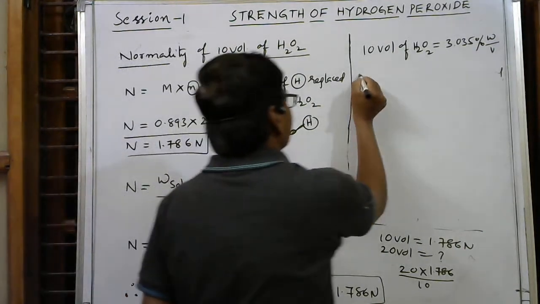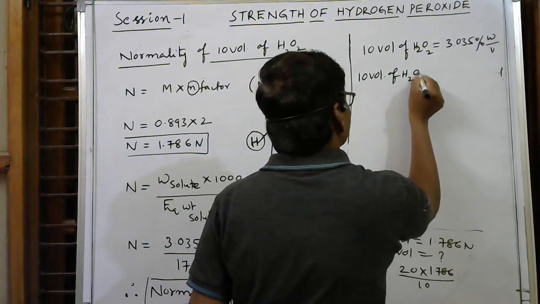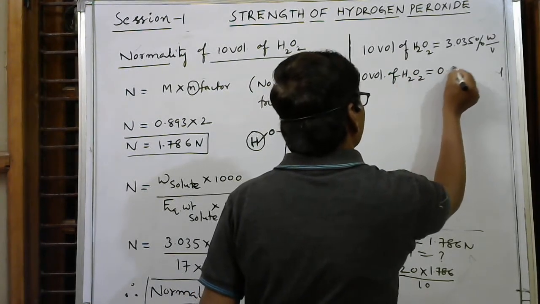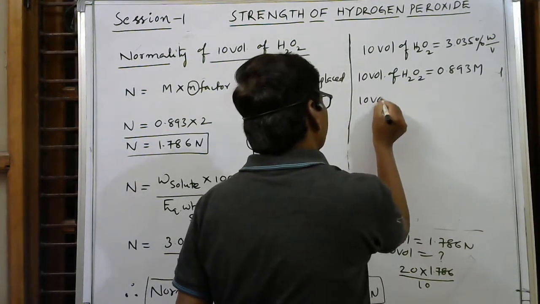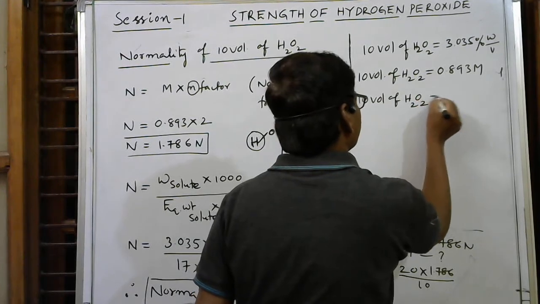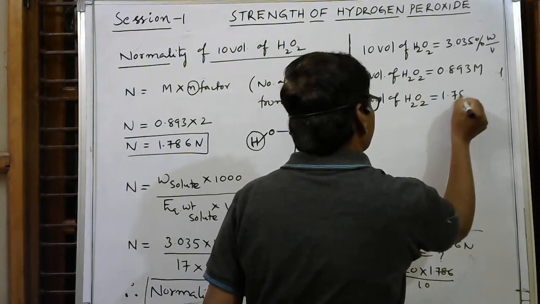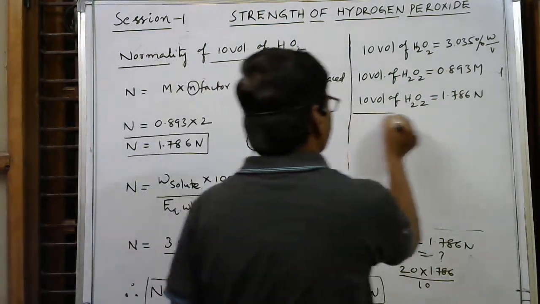Then 10 volumes of H2O2 equal to 0.893 M and 10 volumes of hydrogen peroxide equal to 1.786 N, and a 1 to 1 relation like this is about 10 volumes.